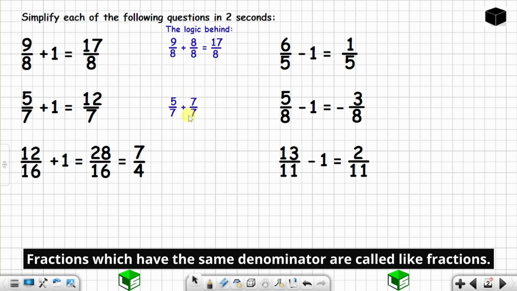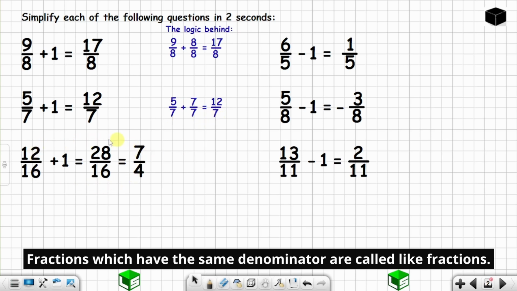Now you have like fractions with the same denominator, so you add your numerators. 5 plus 7 is 12 over 7.